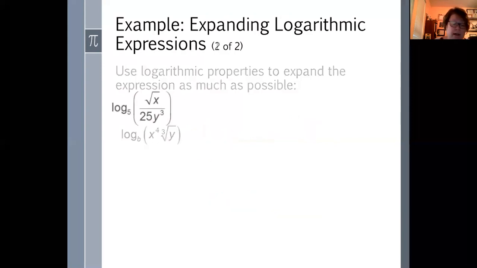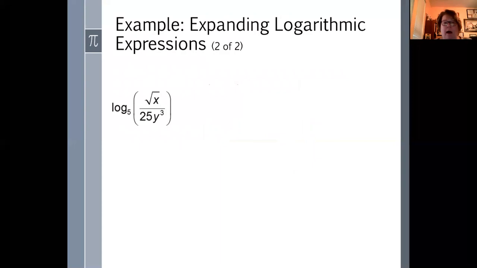All right, let's look at another example. Here we have a quotient. We have the log base 5 of the square root of x divided by 25 times y to the 3rd. And this one can be kind of tricky, so be really careful when you do your expansion. The first property we're going to use is the quotient rule. Since I have a quotient, I'm going to write this as the difference of the two logarithms.